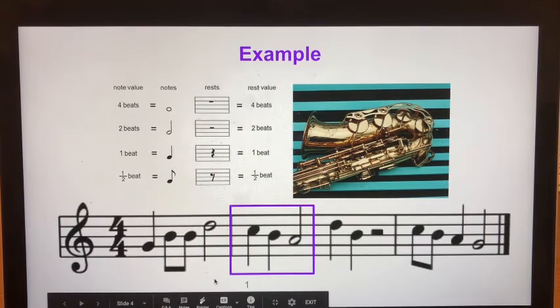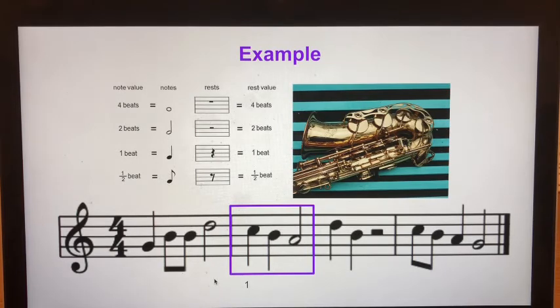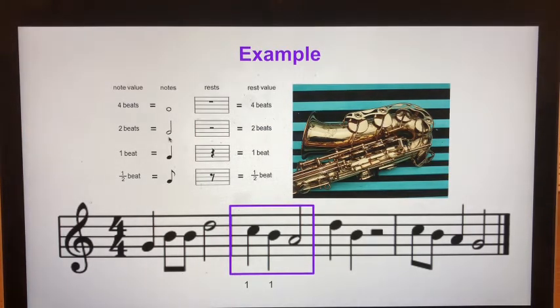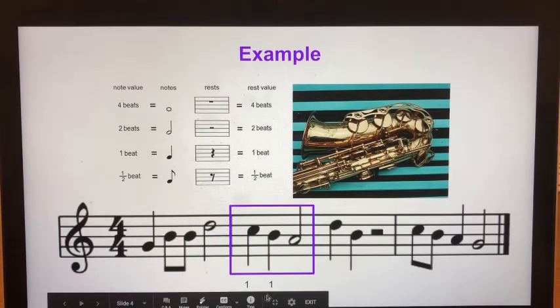So I'm going to write 1 beneath it, just like that. Next is also a B. It's a B quarter note. Quarter notes get 1 beat, so we're going to write a 1 beneath that as well. And the half note equals 2 beats, so we'll write a 2 underneath that.